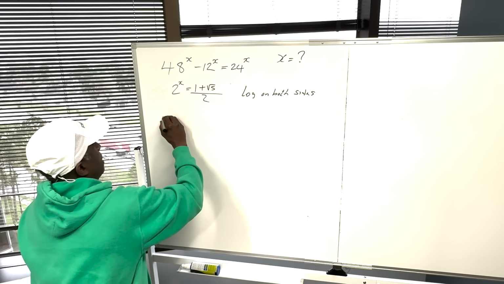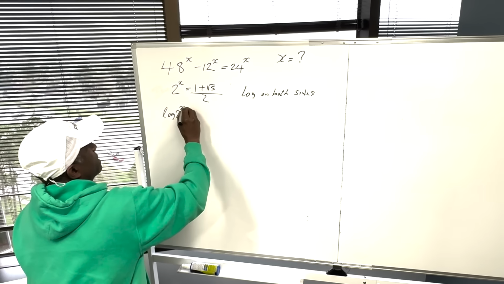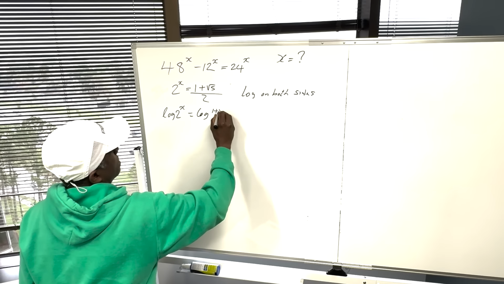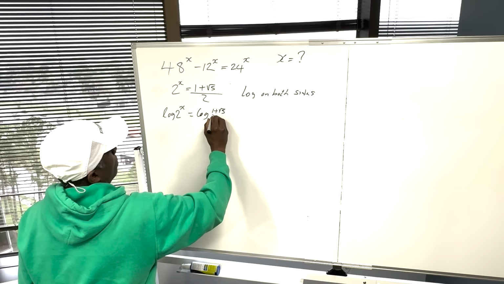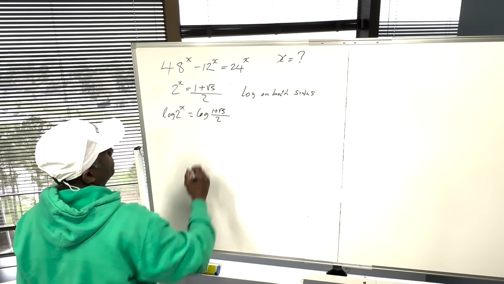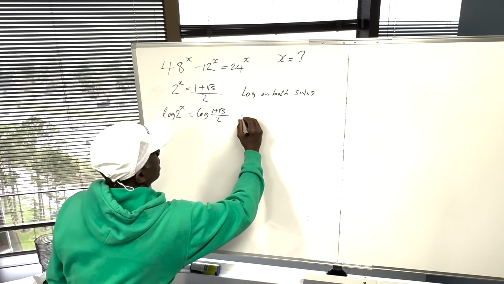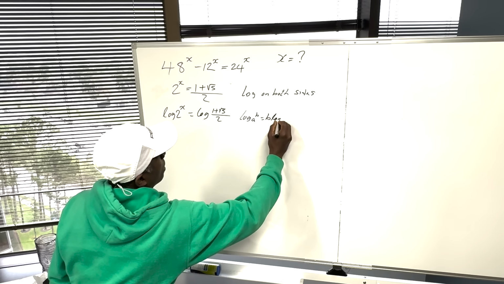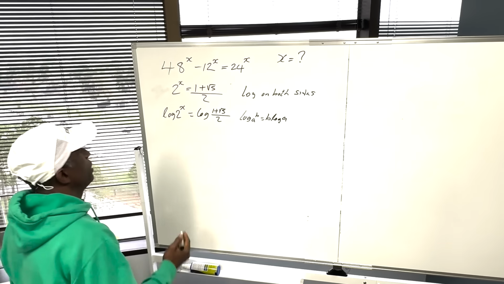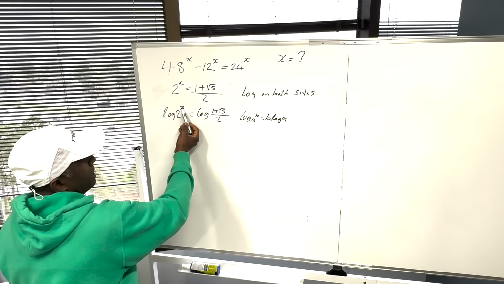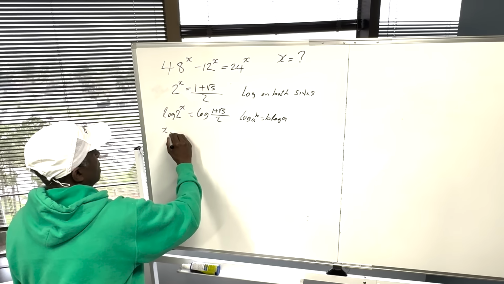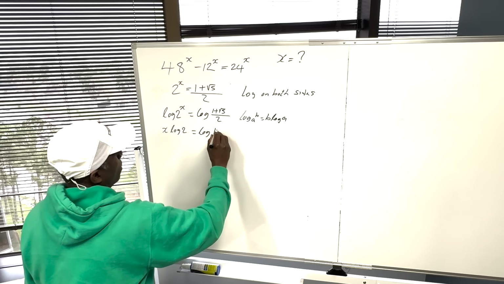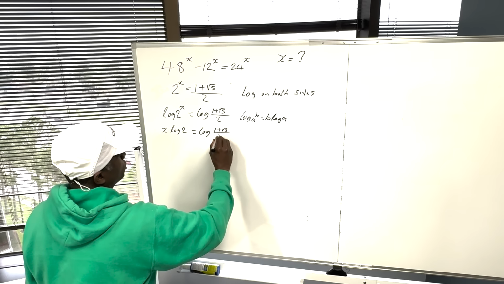So log of 2 to the x is equal to log of 1 plus square root of 5 over 2. From the law of logarithms, we know that log a to the b is equal to b log a. So a is 2, b is x, so we say x log of 2 is equal to log of 1 plus square root of 5 over 2.